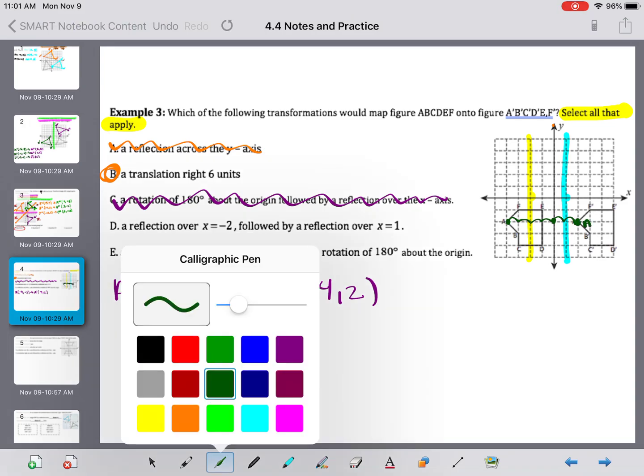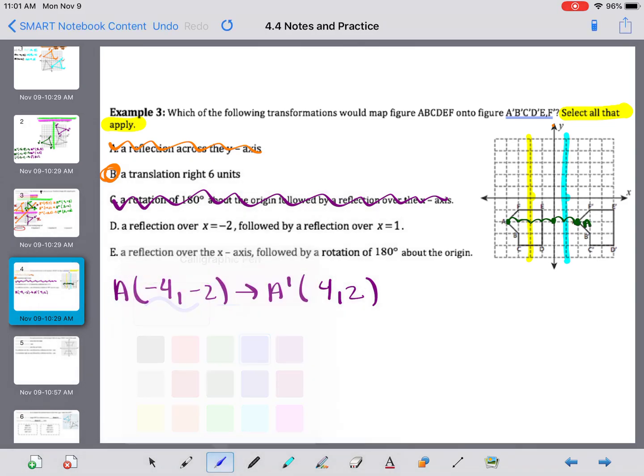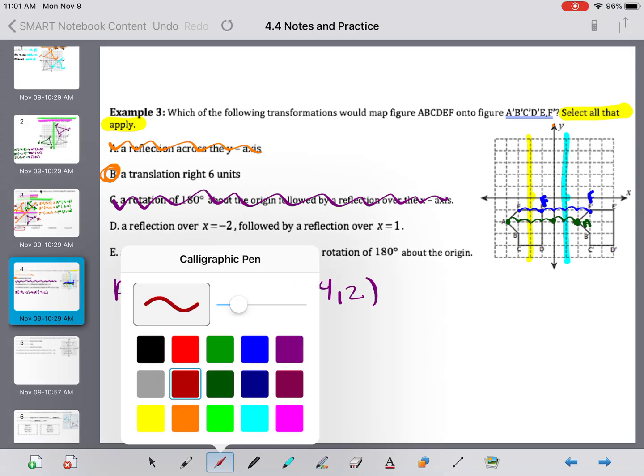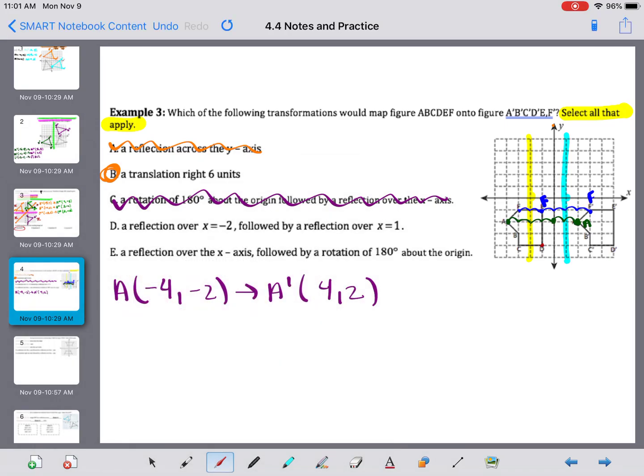So let me try, I'm going to try B, or E, or F. Sorry. F is 1, 1 from the yellow. Now let's reflect F over the blue. 1, 2, 1, 2. F matches up with F prime. So let's try D. D is a little different because when I reflect D over the yellow line, I'm moving away, but that's okay.